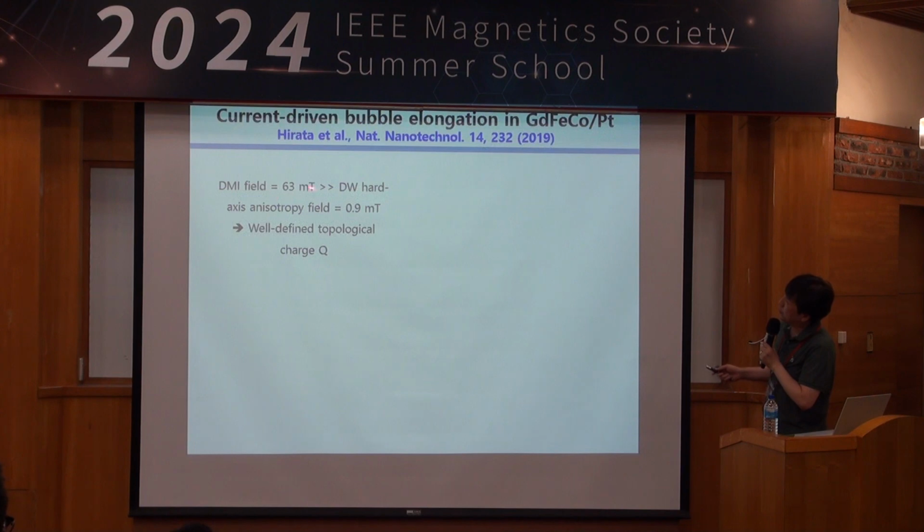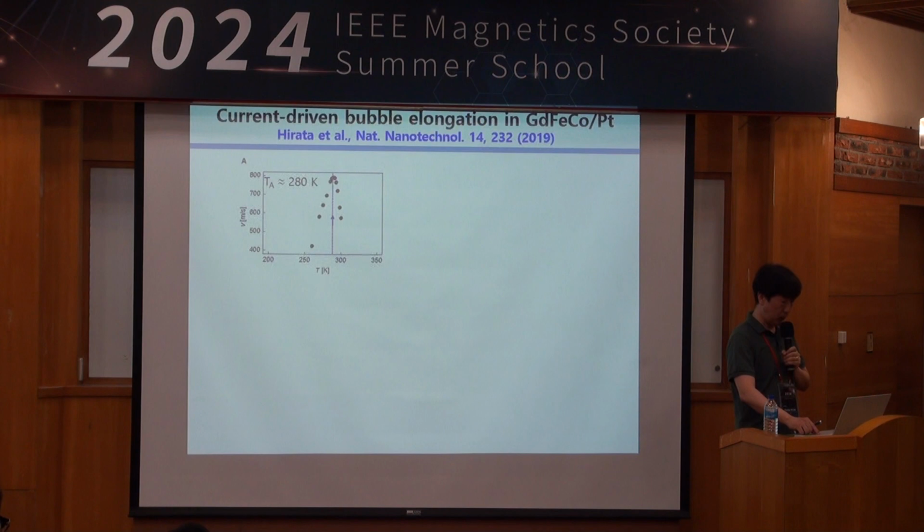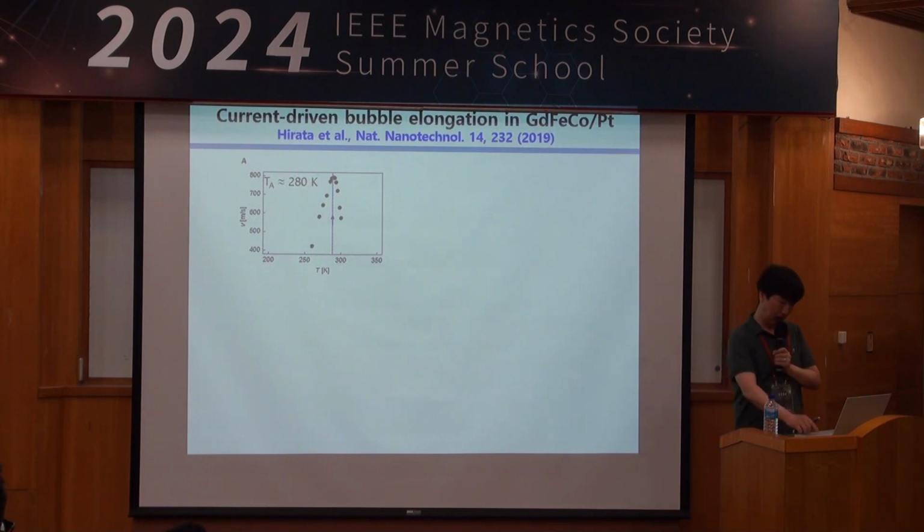First they checked the DMI field, which is much larger than the hard axis field, meaning that we would have a well-defined topological charge Q. They also measured the velocity, and the maximum velocity was obtained at 280 K, meaning that this is the angular momentum compensation temperature of this sample.